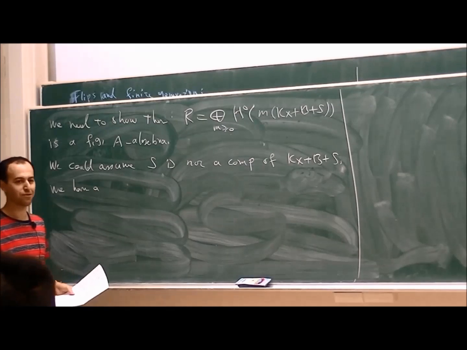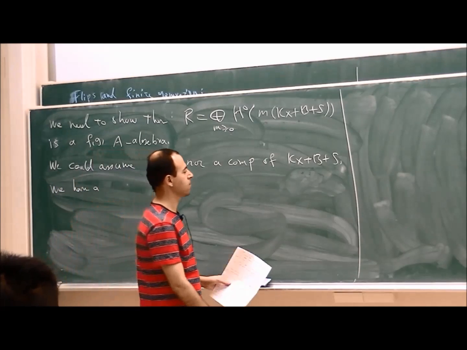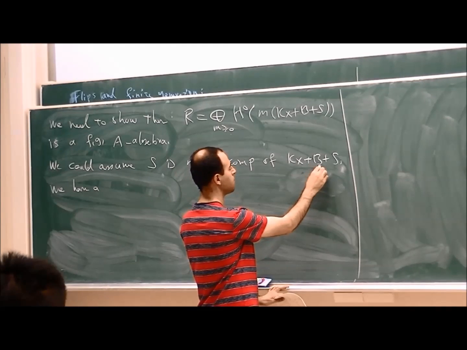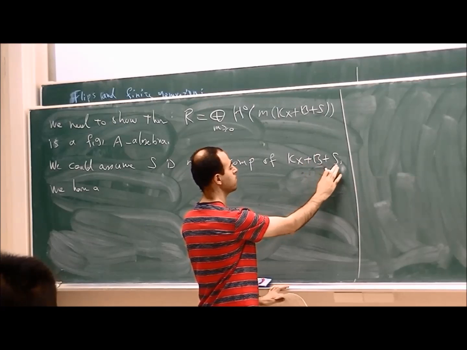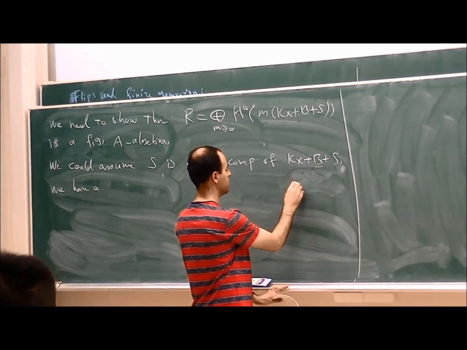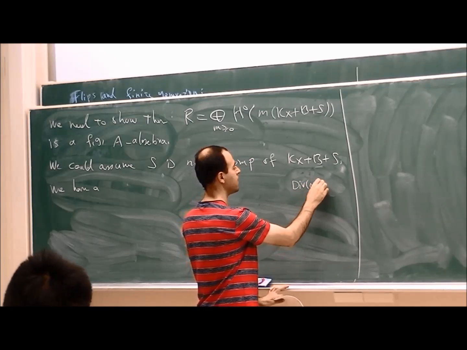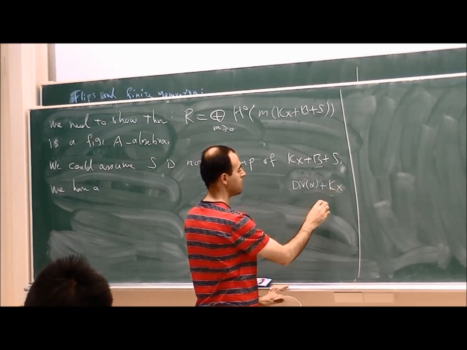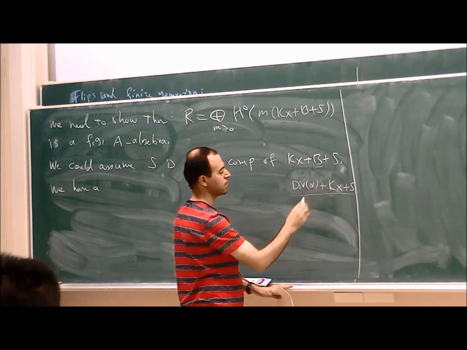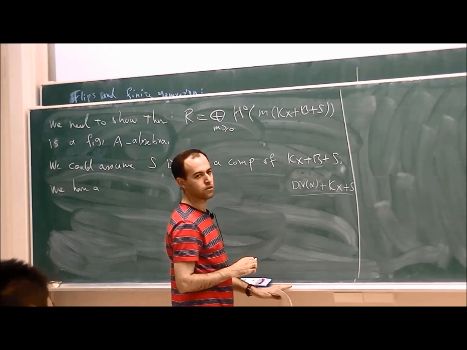You want to change because you view K plus B as a pure divisor. So you take multiples, and you can divide back to avoid S. So B itself does not contain S. Now you can take the divisor of some alpha and add it to K_X plus S, so that this will not contain S anymore.